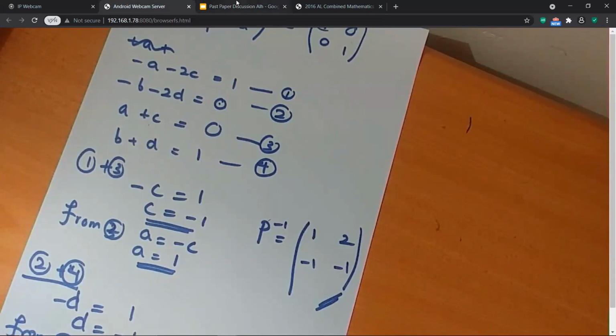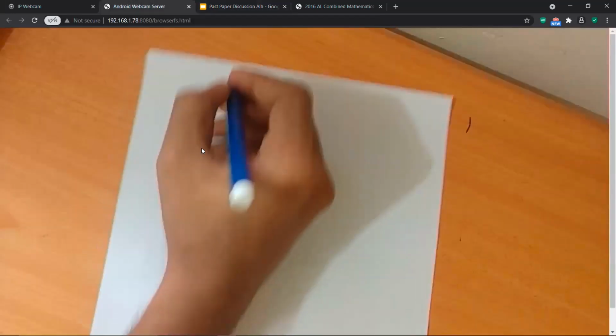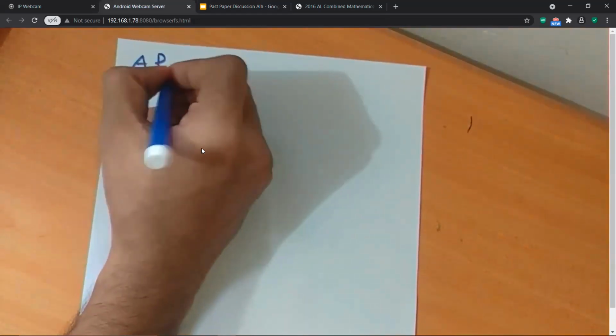Next, we need to find AP. They ask find P inverse and then AP. So let's find AP. The same thing, you need to multiply A by P. So AP is equal to, what is A?